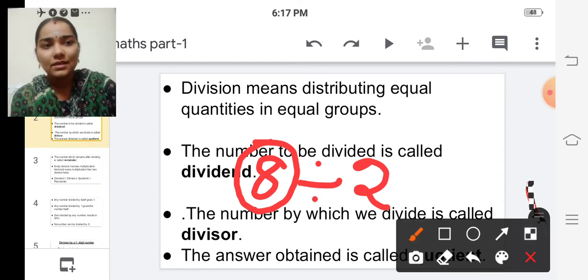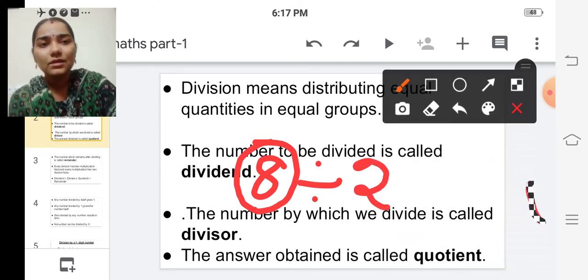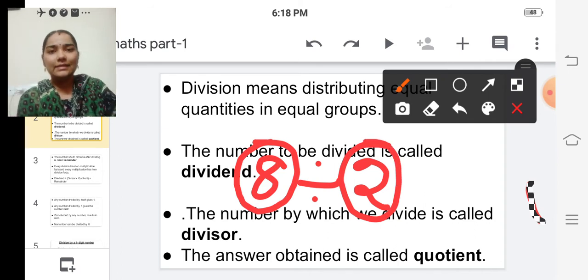So what is divisor here? 2, isn't it? The number by which we divide is called divisor.